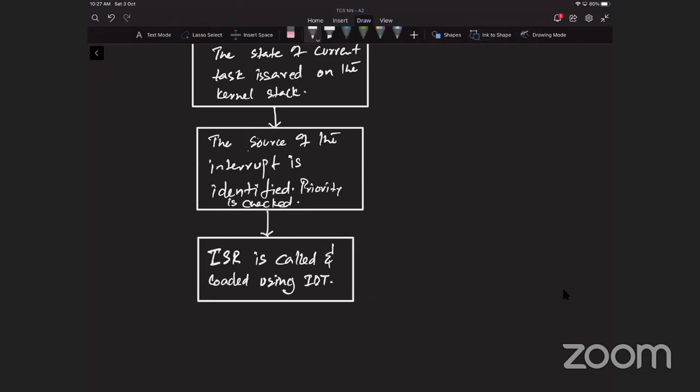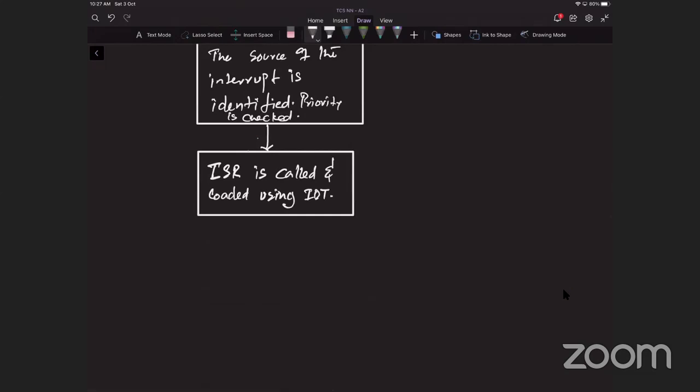Now, once completed, the state of the interrupted task is restored using the values saved on the kernel stack. The process then continues.